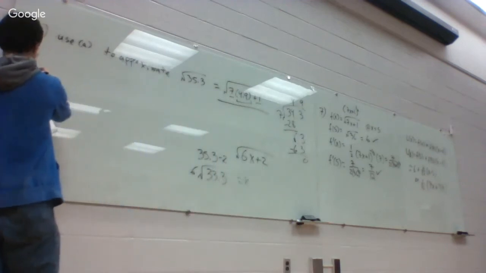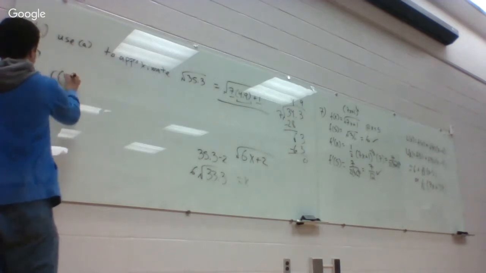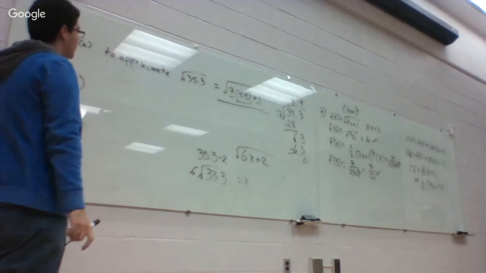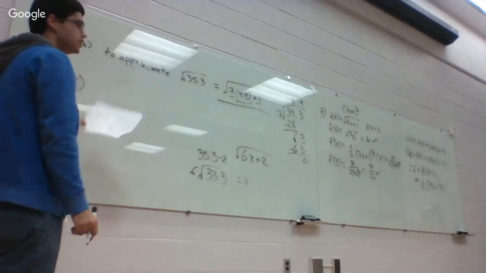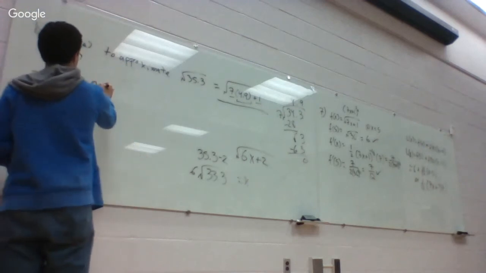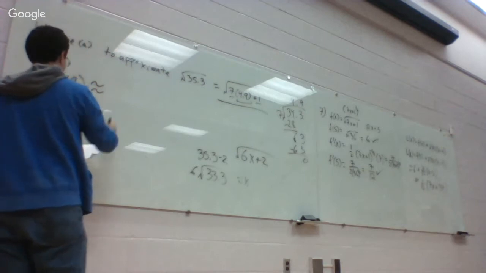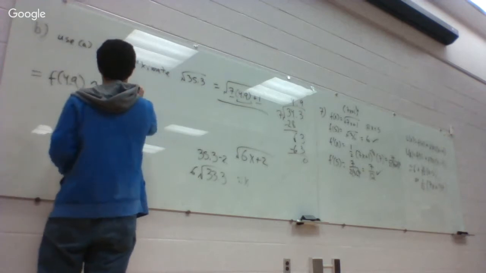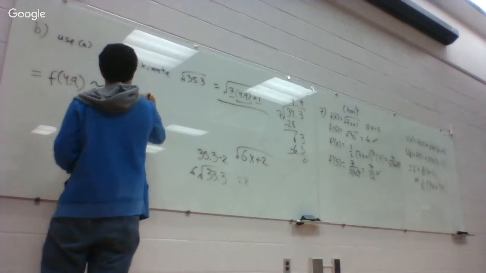So then that's equal to the actual function at 4.9, which is approximately equal to the linearization at 4.9.